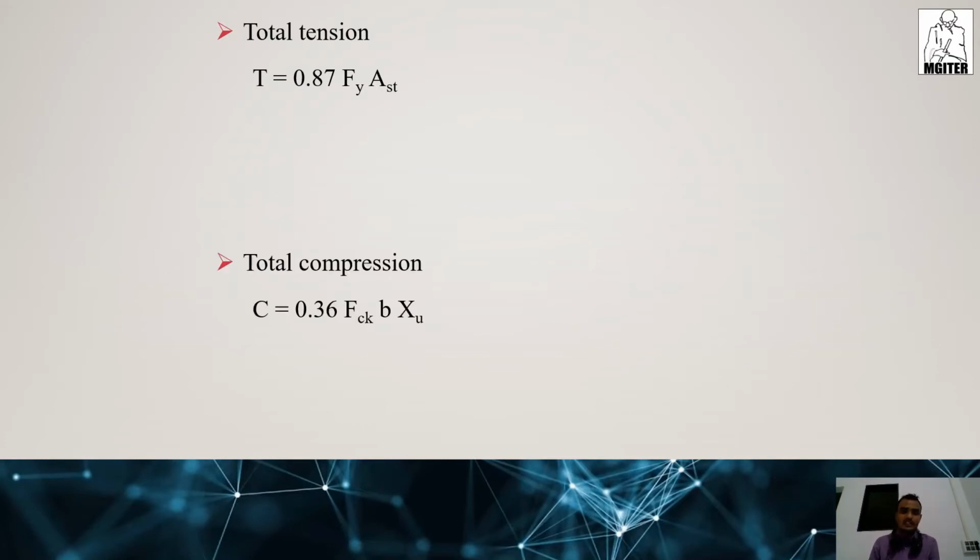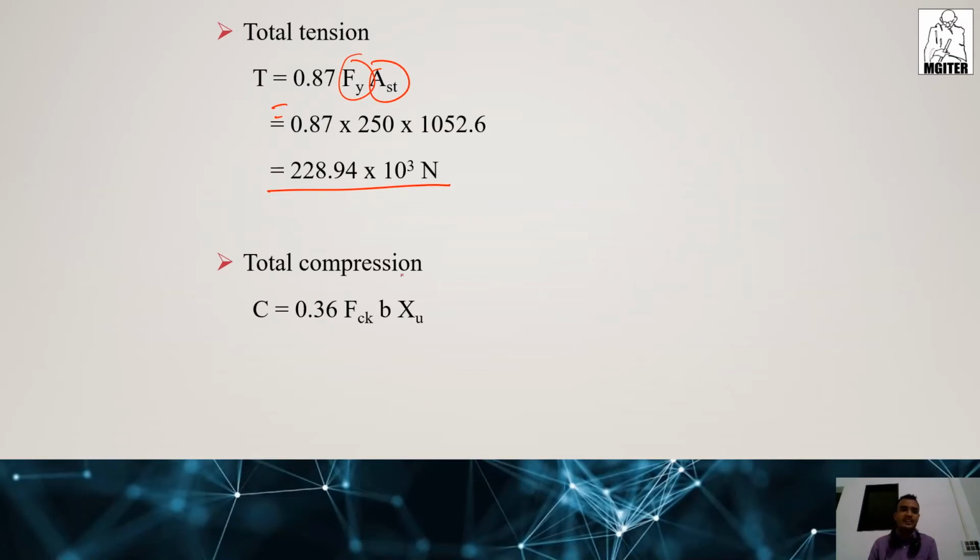Then for the total tension, we found Ast, and fy is 250. Put all the values in the equation and we get the total tension in the beam: 228.94 into 10 raised to 3, and its unit is Newton. So we convert it into kilonewton: 228.94 kilonewton.